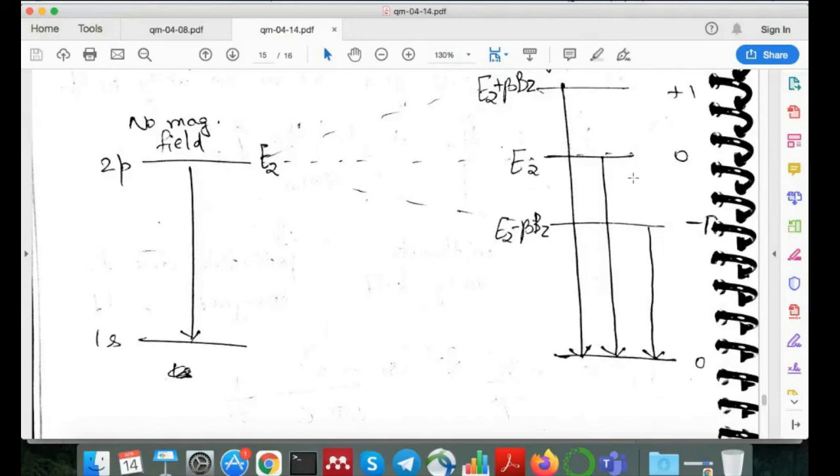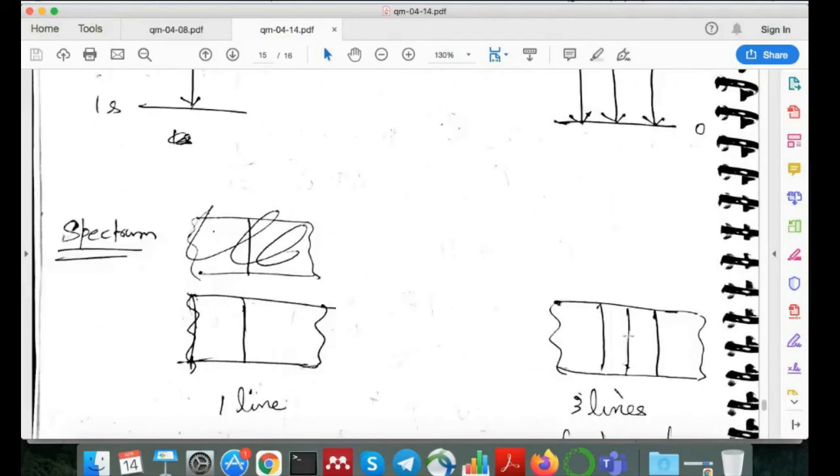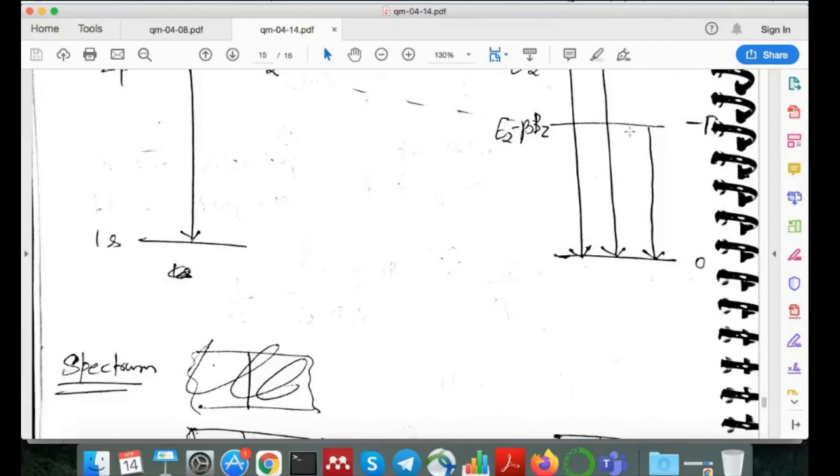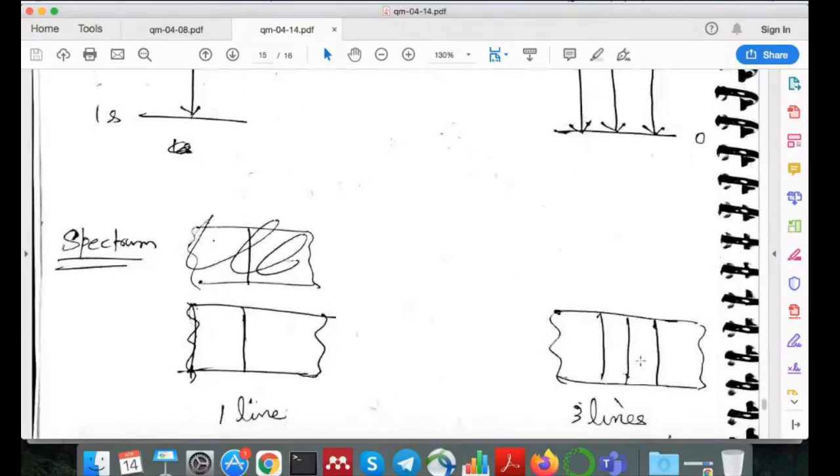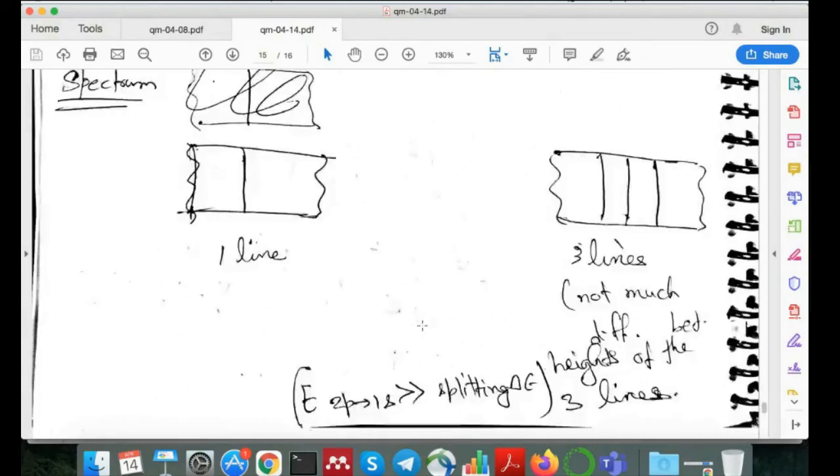Okay, so there will not be much difference between the three lines, so essentially all three will be of almost equal energy. Okay, all three spectral lines will be of almost equal energy, but you will see three distinct separate lines. And in the case of no magnetic field, you will just see one single line in the spectrum. Okay, so this is the difference between the two.